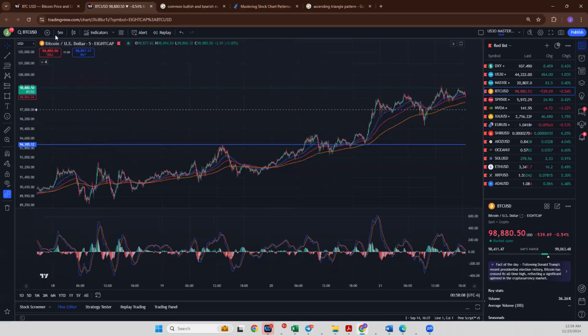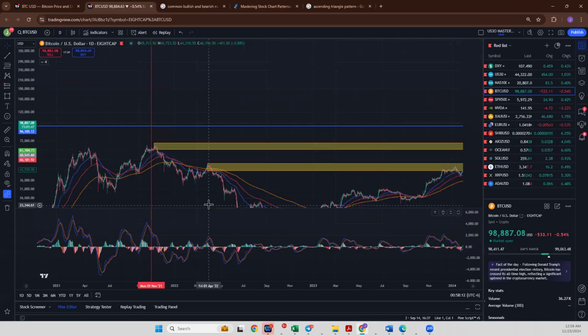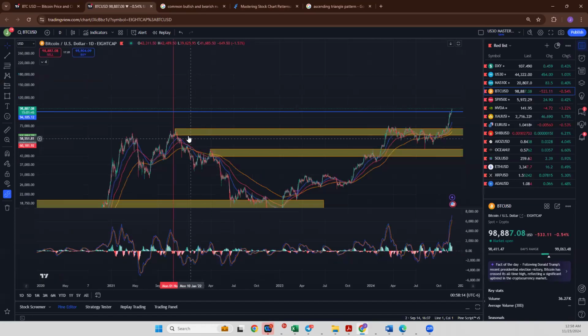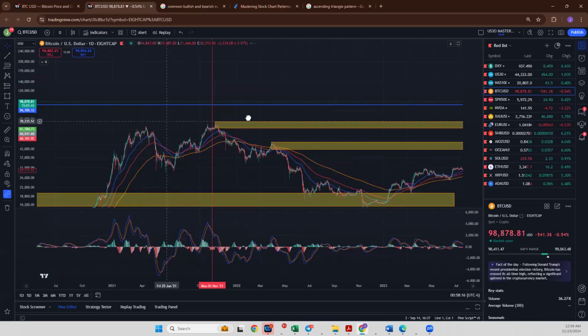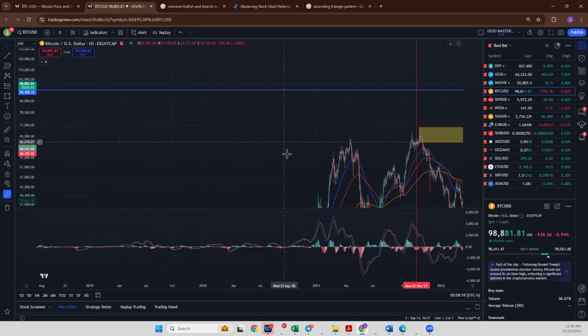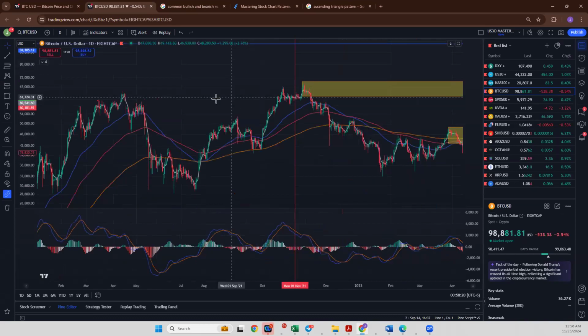I think I had one on the daily that I looked at. It might have been Bitcoin, or, well, there's one right there. That's a really good one, actually. Yeah, this is a really, really good one. So bearish double tops, they confirm the reversal of an uptrend to a downtrend. So they're bearish patterns.